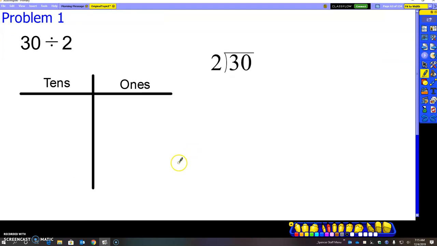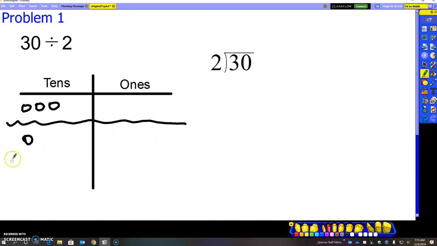So this next one, the same idea is going to happen. If I have 3 tens, I'm going to have those 3 tens split into 2 groups, but it only happens once.